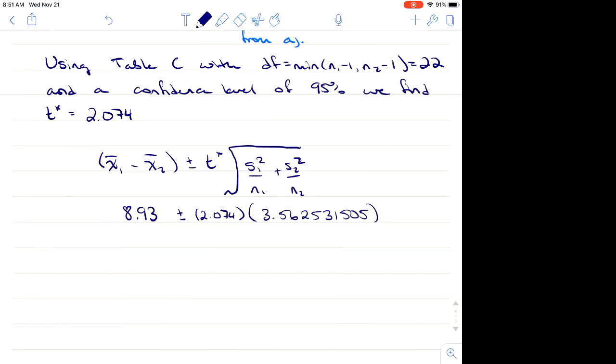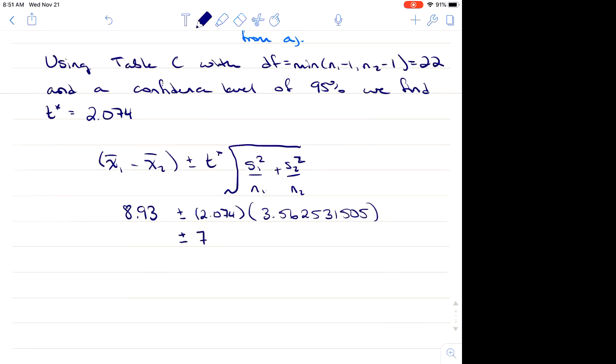I should have stored it, but I forgot, so I had to type it. No biggie. So plus or minus 7.388690341. This I will store in one, because I have to do 8.93 minus this and 8.93 plus this.